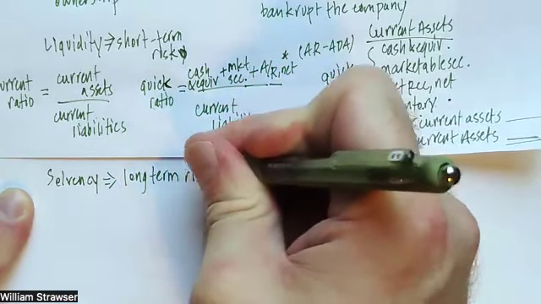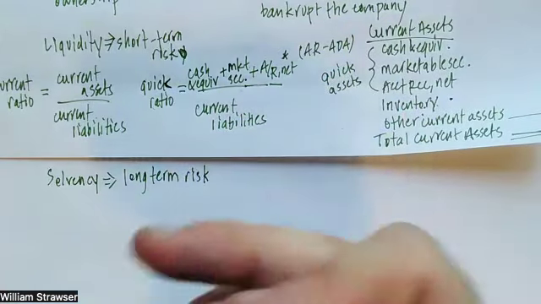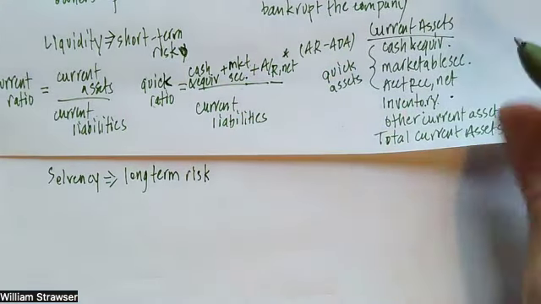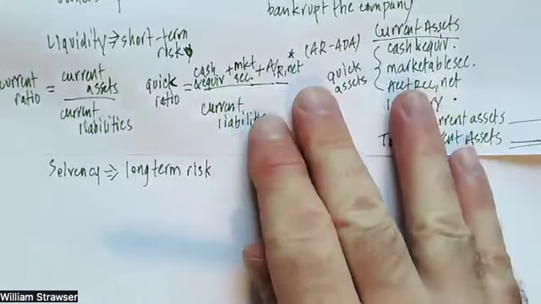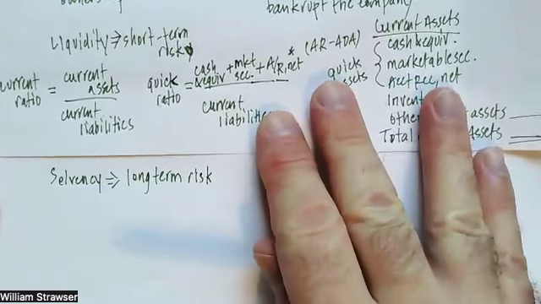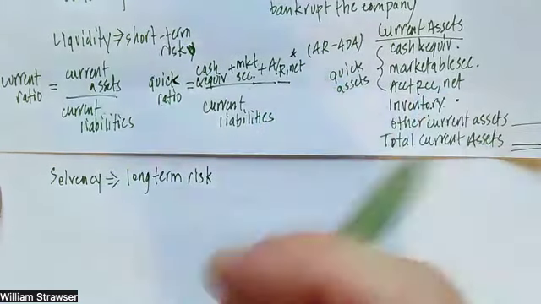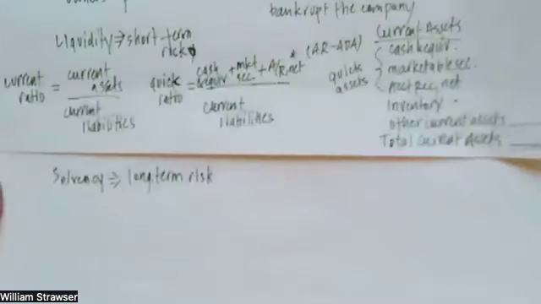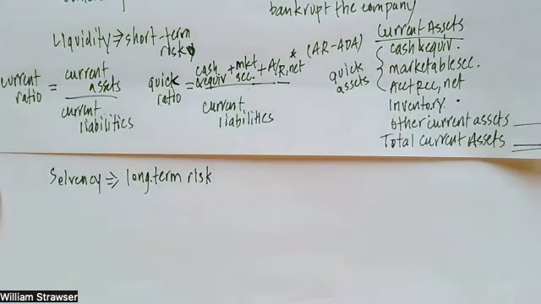And there's two more ratios to consider. They're just analogs of what we see up here for the liquidity of the current ratio and the quick ratio. When we're looking at long-term risk, we're looking at not just the next year, but the years that follow.